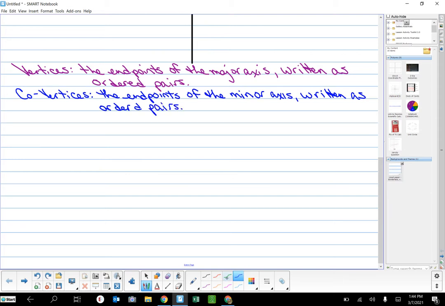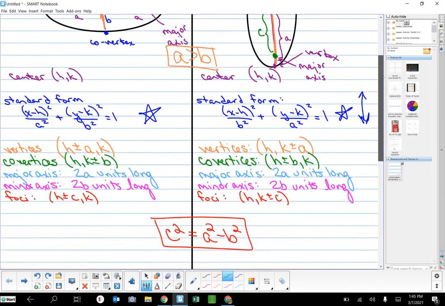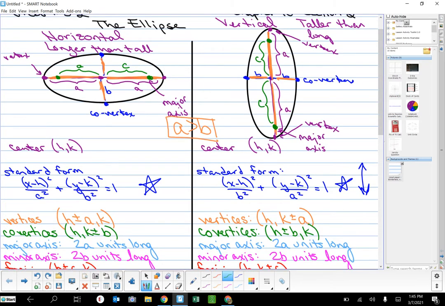The orientation is either horizontal, which means this way, or vertical, which means this way. And that's really important because your standard form, while they're almost the same, it's really important where the a squared and b squared go in that standard form.